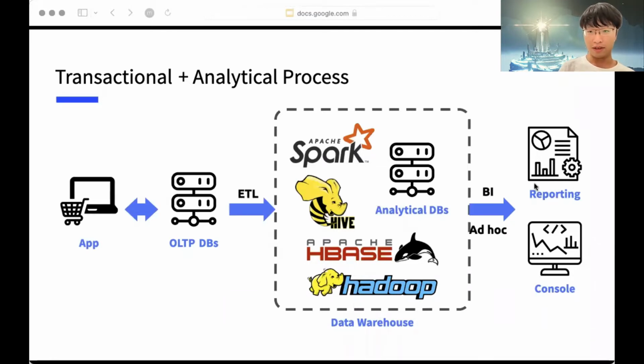For example, you can use Hive and Spark and some other software like Hadoop or HBase. This involves complicated big data stacks. And what's even worse is that the analytics is not timely. Usually you can only see the report for your data after hours.